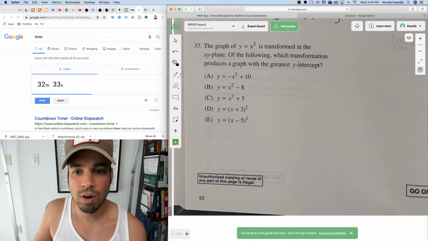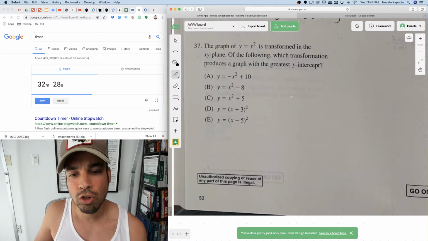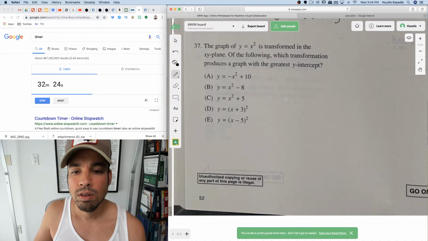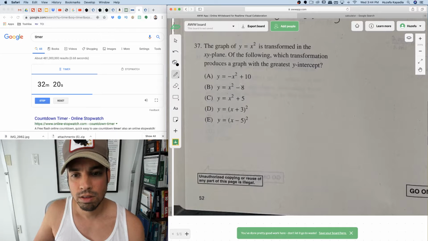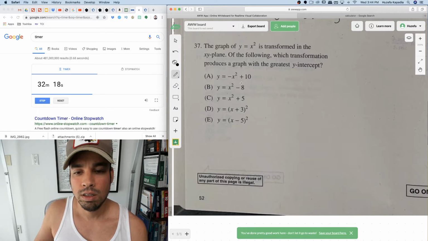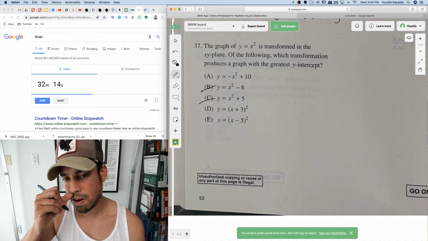Next, the graph y equals x squared is transformed in the xy plane. Of the following, which transformation produces a graph with the greatest y-intercept? This is -8. This is a positive 10, so that's bigger than that. That's a 5. That's bigger than that.